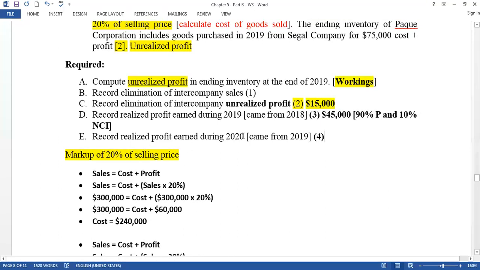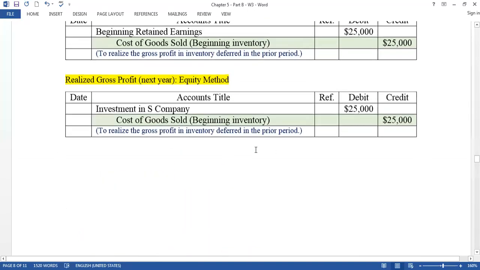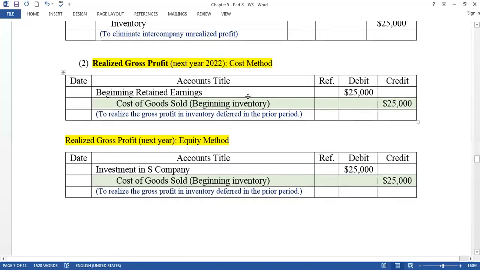Now, if I add this question, what is the journal entry for this realized amount that came from 2019? Okay, that came from 2019. We have another journal entry, and this journal entry is related with here, like this.